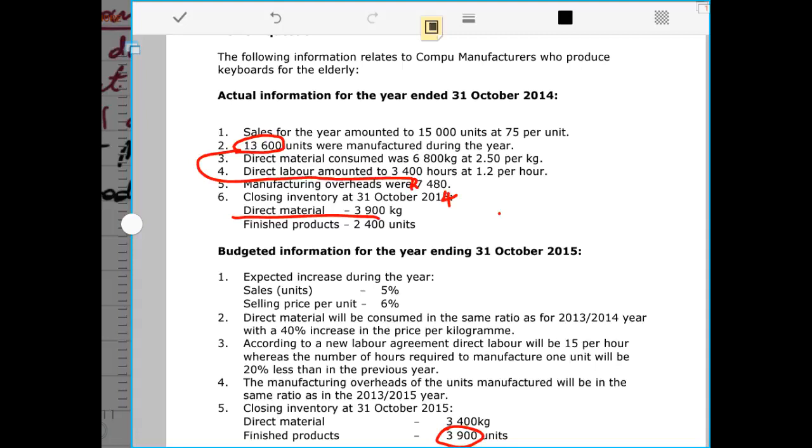So now we need to calculate our overhead rate per unit, because we know the total cost of the overhead, 7,480, and we also know that 13,600 units were manufactured. It means the overhead cost was dependent on the number of units manufactured in the year 2014. Therefore, we need to calculate our overhead per unit.